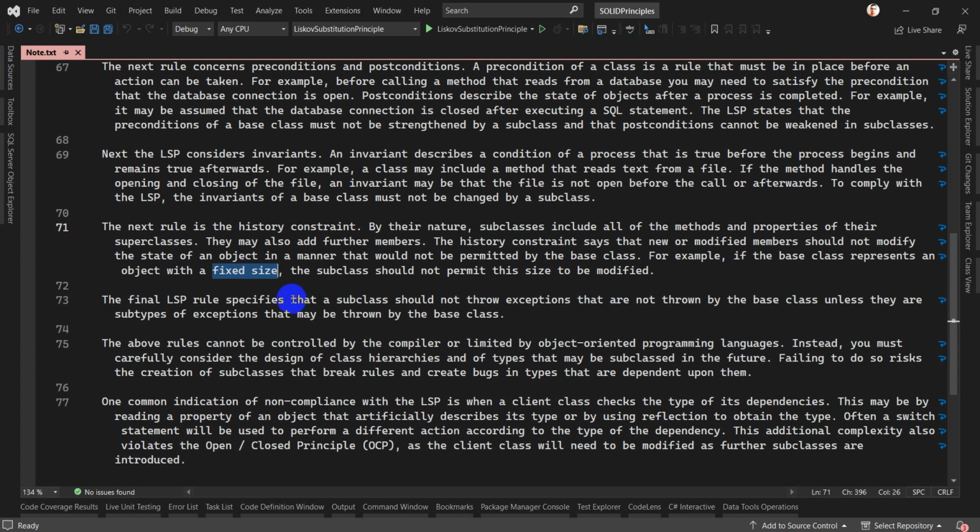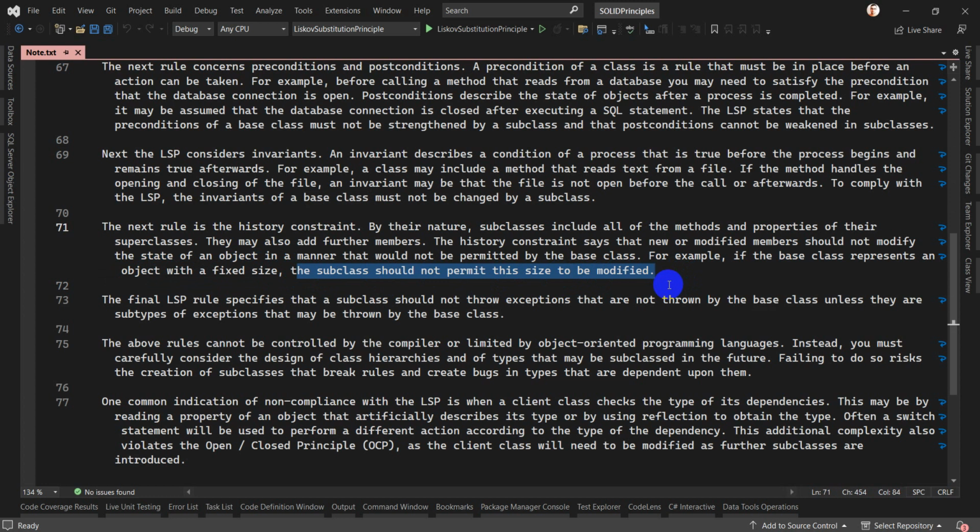So this is the state or the behavior, the characteristics of a square, right? So suppose we have a base class which represents a square. So if the base class represents an object with a fixed size, the subclass should not permit the size to be modified. So this is history constraint.